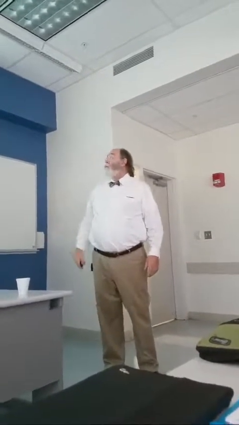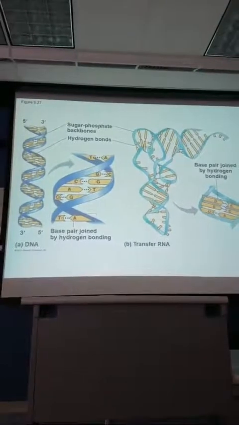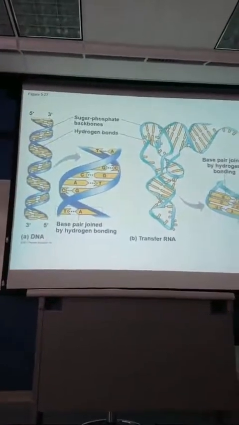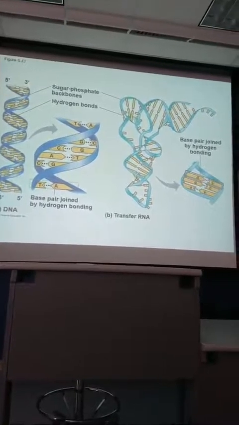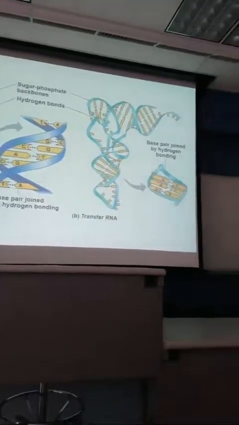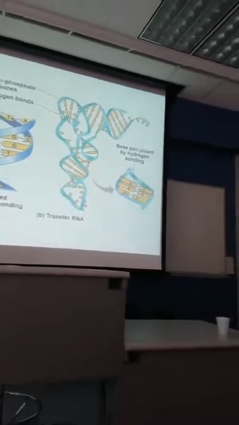The phosphate and the sugars make the rail. The bonding that holds DNA together is going to be between these bases. That will be hydrogen bonds. It's important that they're hydrogen bonds because these are bonds we want to be able to break when we have to copy DNA.